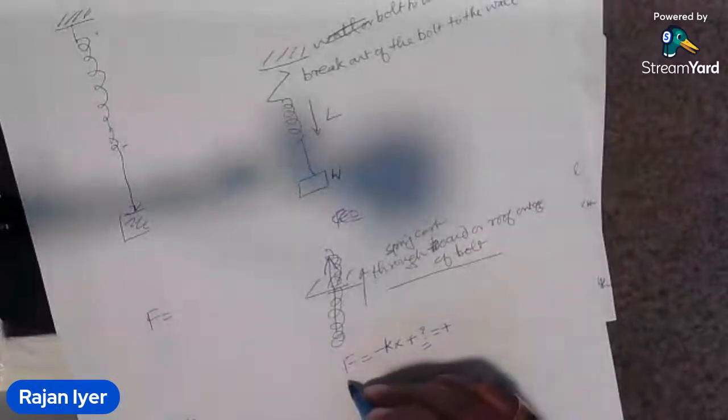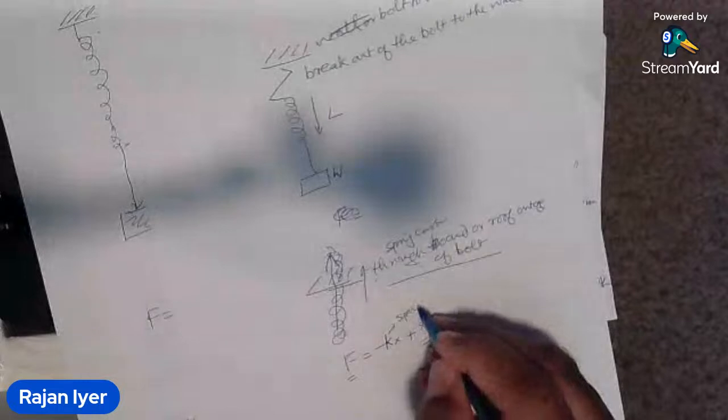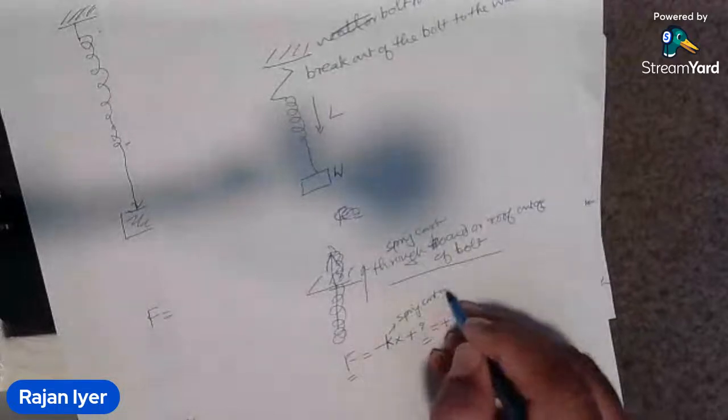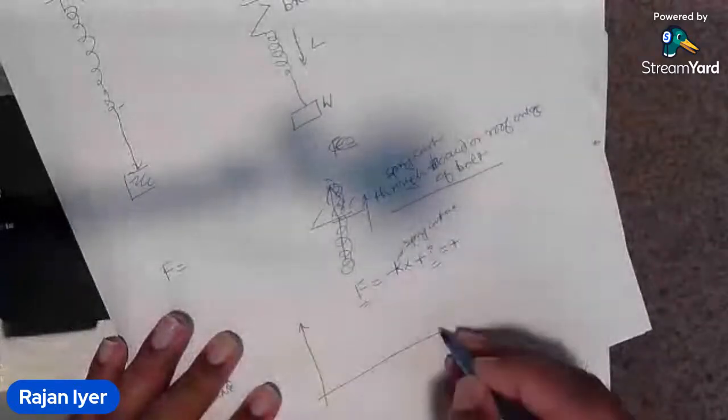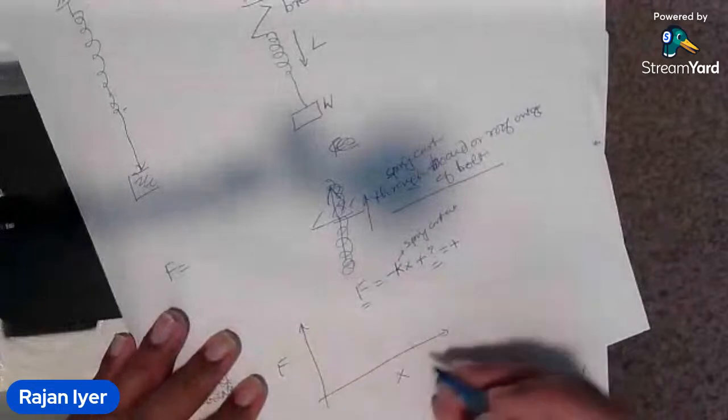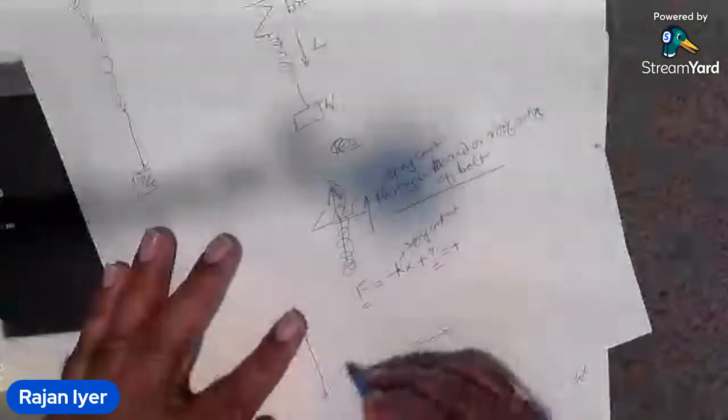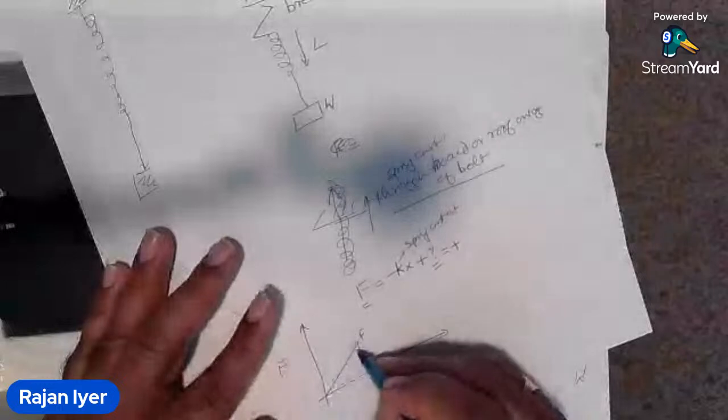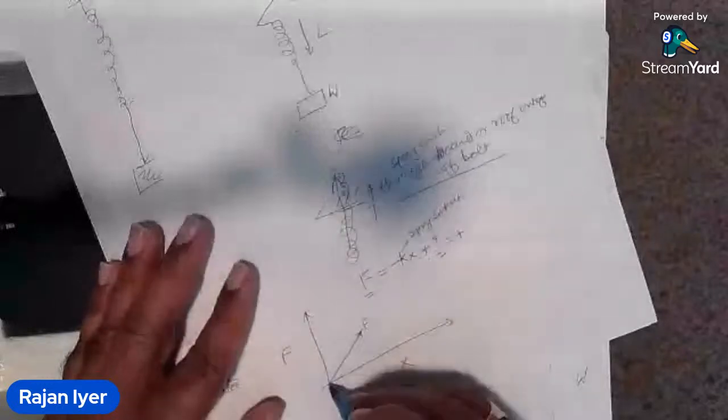No, it depends. This is a spring constant; define how you want to define it. And if you plot it, essentially you are plotting the force F against x. So minus kx means F is actually in the negative direction. Let me write it.